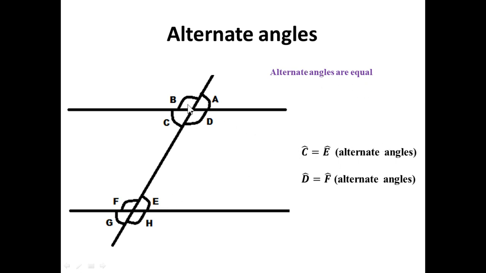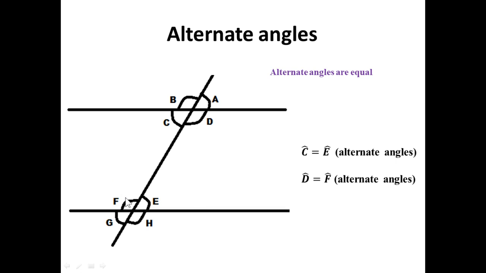Also, if I form another Z, this line from here to here, then this line again, then this line again, another angle pair is formed. This angle and this angle are also alternate angles. So angle D and angle F are also equal. We get alternate angles by forming something like Z: angle C is alternate to angle E and angle D is alternate to angle F.